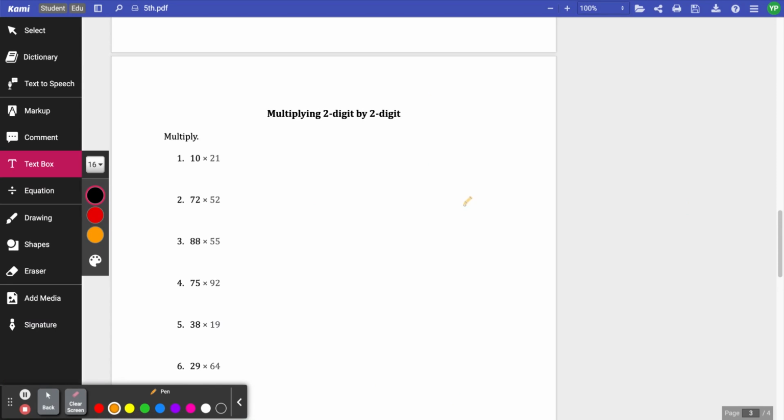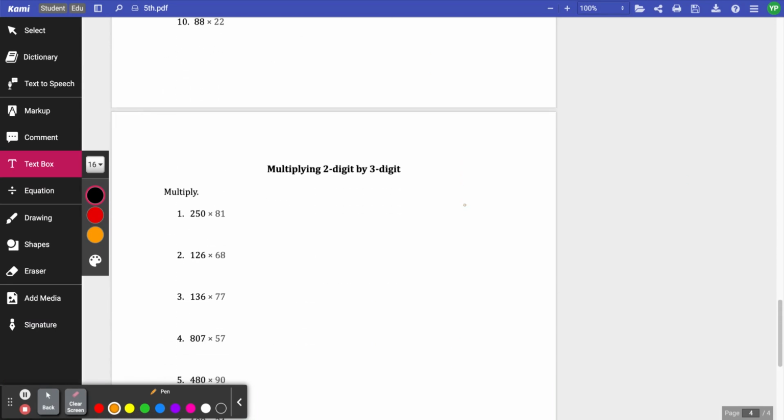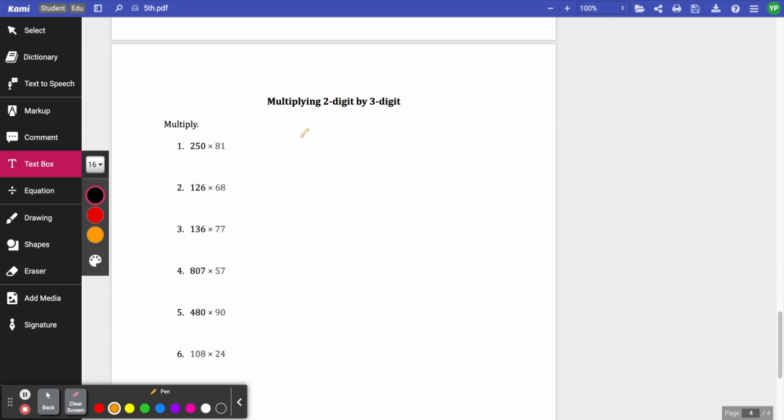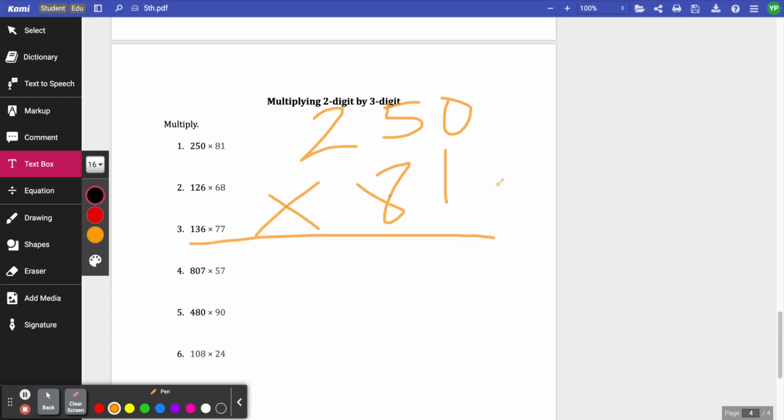And now moving on to the last subject, which is multiplying 2-digit by 3-digit numbers. We'll just do one problem. We'll look at number 1, 250 times 81. 1 times 0 is 0. 1 times 5 is 5. 1 times 2 is 2.